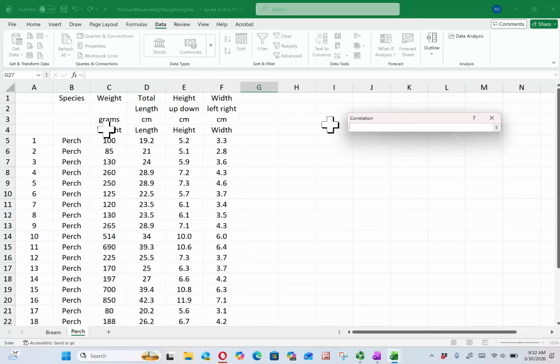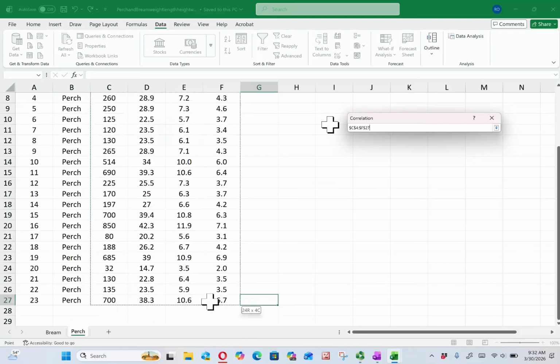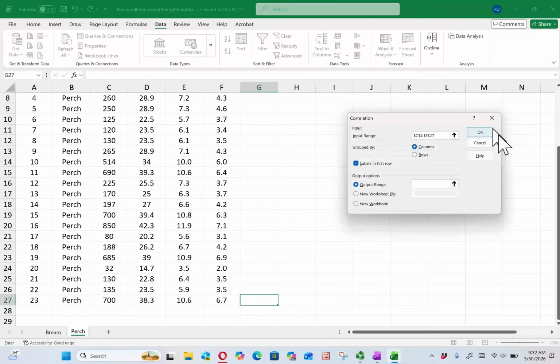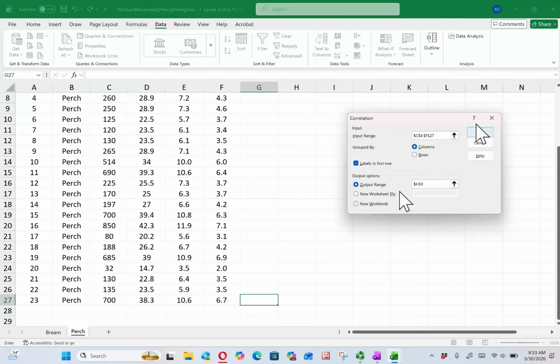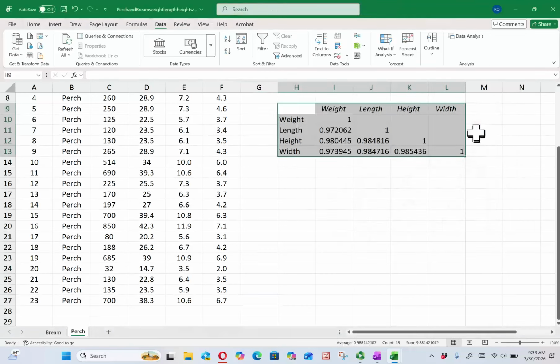I want weight, length, height, and width, including the labels. That's going to do the correlations between length, height, weight, width, output range, pick a spot, and OK.